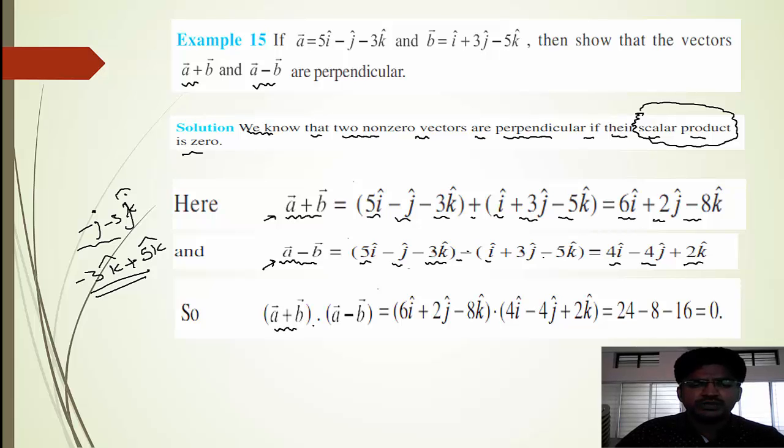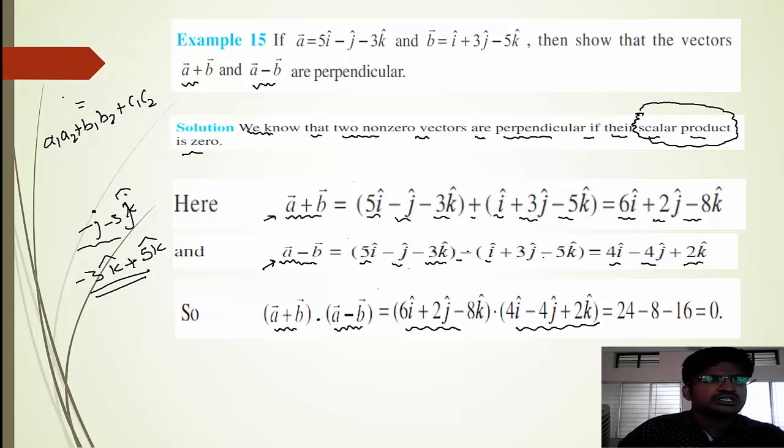Vector A plus B dot vector A minus B. Please remember one formula, that is A1 into A2 plus B1 into B2 plus C1 into C2. This is the scalar product.